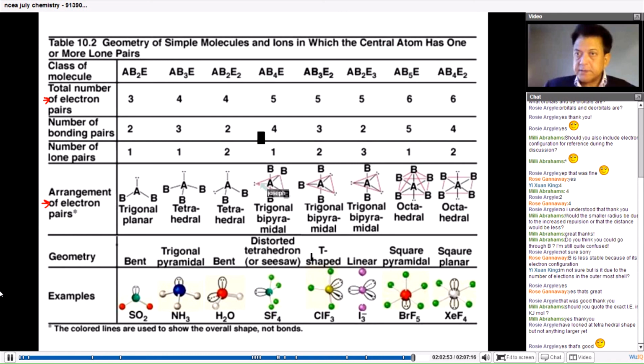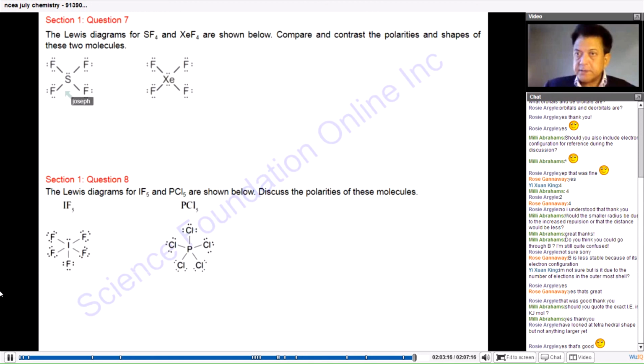Now there's one lone electron pair on the atom, and therefore it'll end up with the seesaw shape, right? 4 bonding and 1 non-bonding. That's going to be the seesaw shape. So sulfur SF4 will be the seesaw shape.